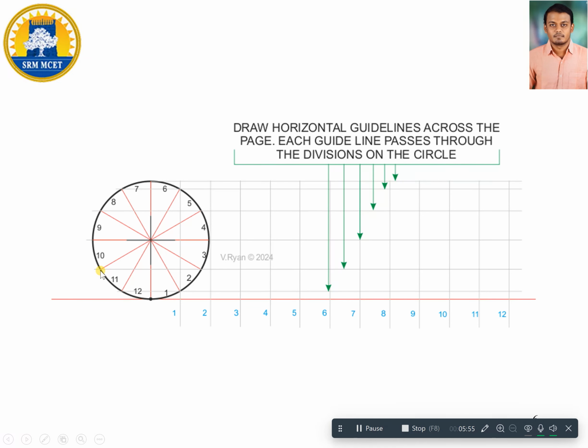Similarly, from point 11 to point 2, I extend one parallel line up to point 12 on the baseline. Similarly, from point 9 joining point 4, from point 8 to point 5, and from point 7 to point 6, and finally from the topmost point.